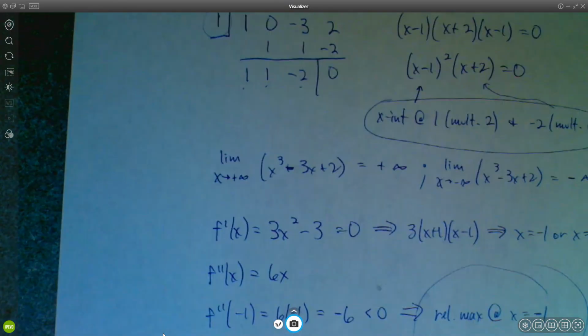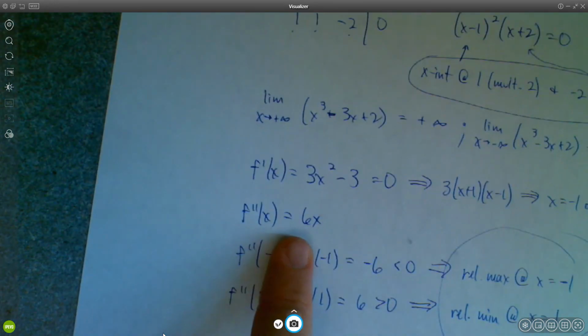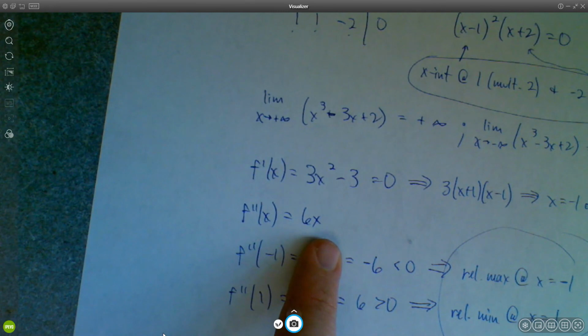I guess another thing that I could say just quickly is that the second derivative also tells you where you're concave up and concave down, right? So you're concave up whenever this second derivative is positive, you're concave down whenever this second derivative is negative, and the only place it could change is when x equals 0, okay?